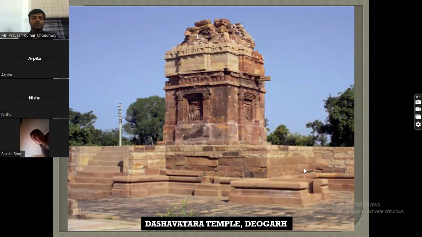So this temple is called Dasavatar at Devgarh. It represents one of the earliest structural temples existing today in the Indian subcontinent.